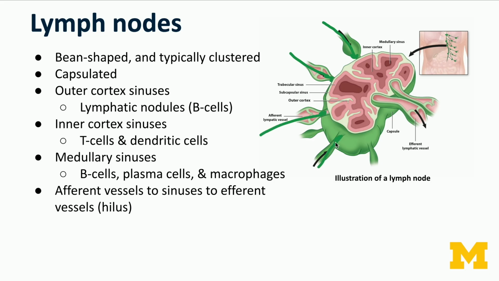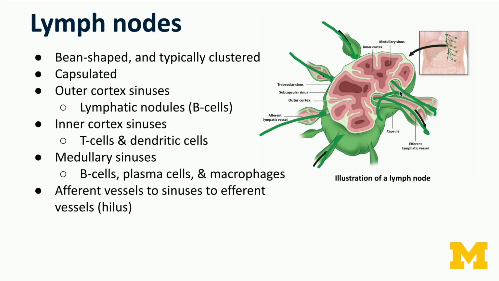Afferent goes into, and then there's an efferent channel or vessel that leaves the lymph node at the hilum. So the hilum is an indentation of an organ that usually is going to host vessels in or out, but for a lymph node, the hilum is out only. It is efferent. So the lymph node has a rather complex architecture.